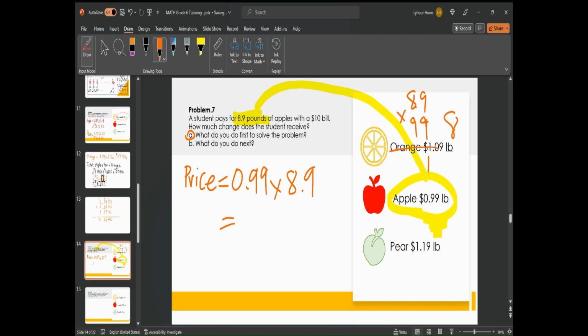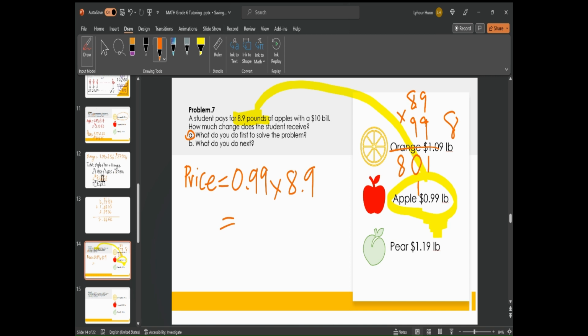Be patient, calm down. 9 times 8 is 72. 72 plus 8 is 80. Yeah, you multiply very fast, but sometimes don't rush too much. Keep patience. Then this will come to 9 again.